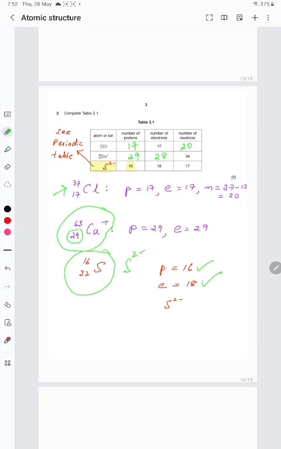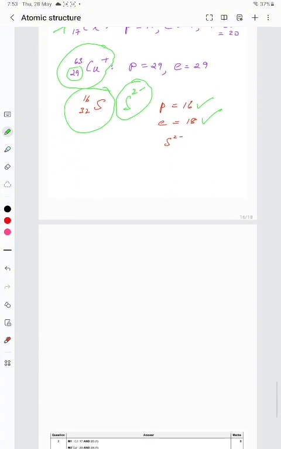You will notice one thing, that protons and electrons are not equal. It's 16 and 18. How is it possible? Because definitely we are talking about an ion of sulfur, and if there are 18 electrons and 16 protons, it means it has negative charge. So S2- is the species which I have written here, and I can further check these things. So this is my final answer.